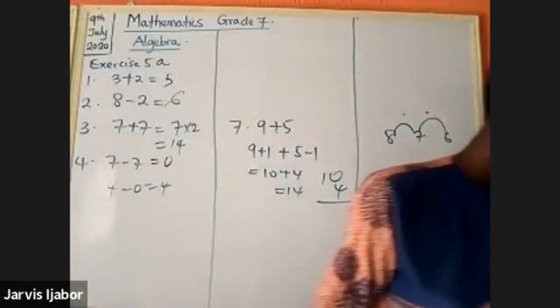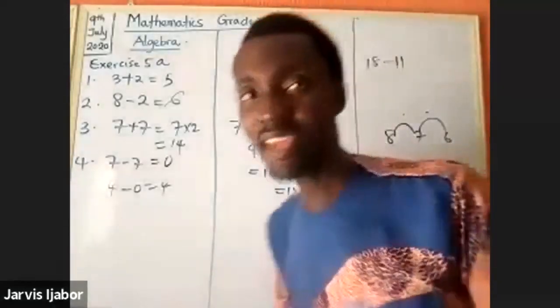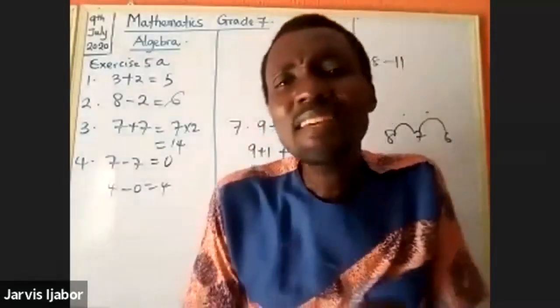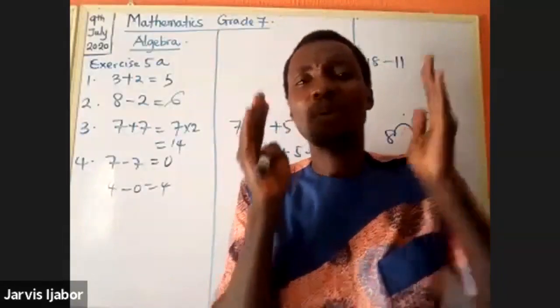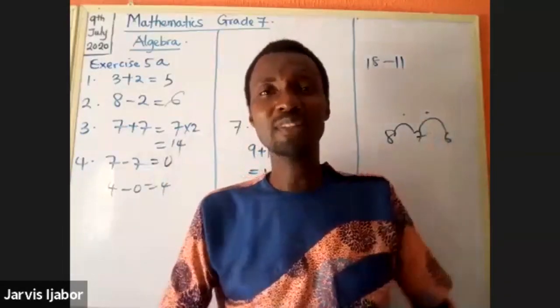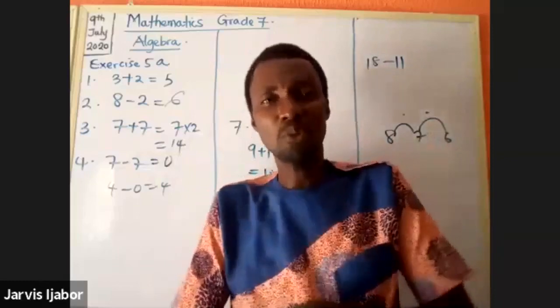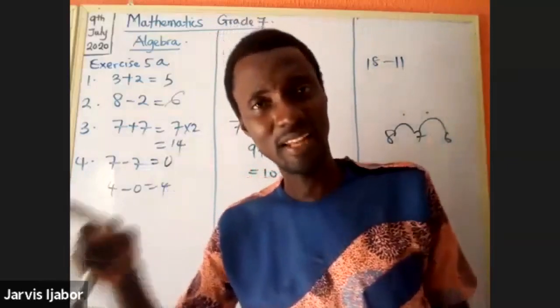The next question you have there is 18 minus 11. Now, there are different ways you can go about handling 18 minus 11. I look at 18, I look at 11.